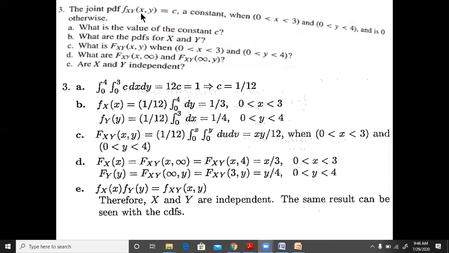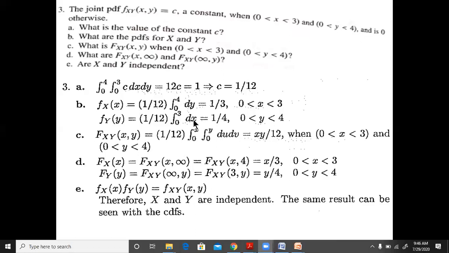Because we are integrating with respect to dy, the limits will be 0 to 4. So f of x, y will be equal to c, which we found as 1 by 12, so it will be the integral 0 to 4 of 1 by 12 dy.